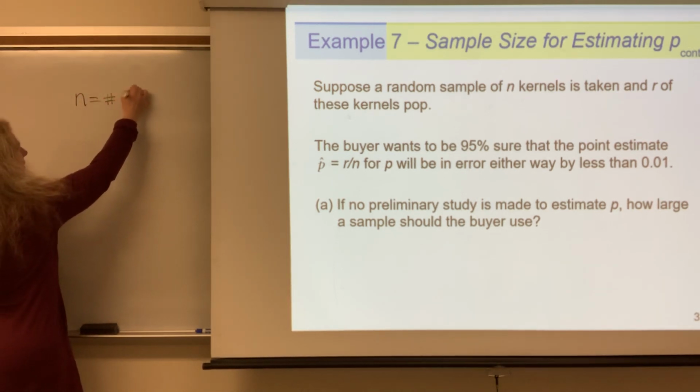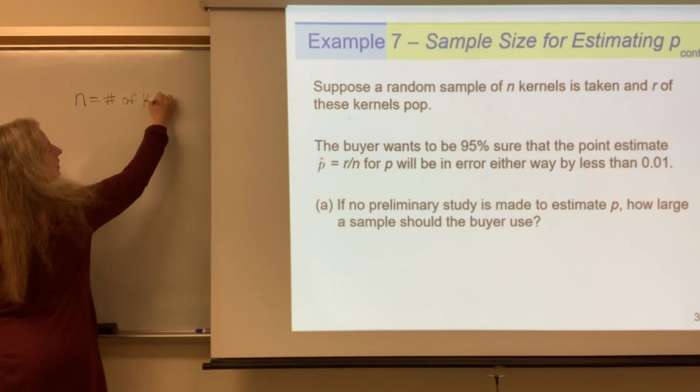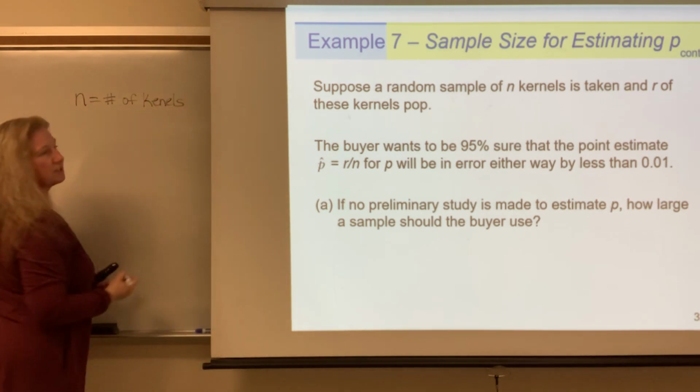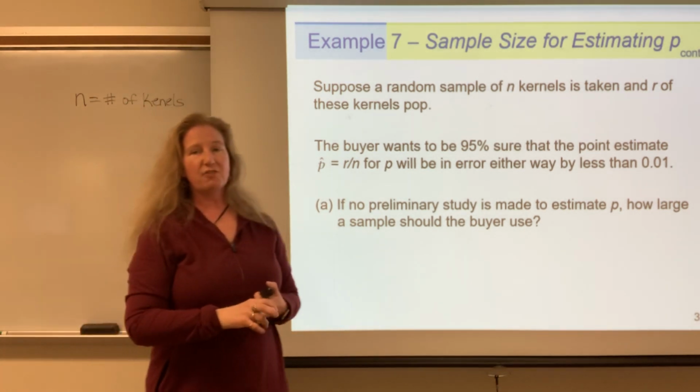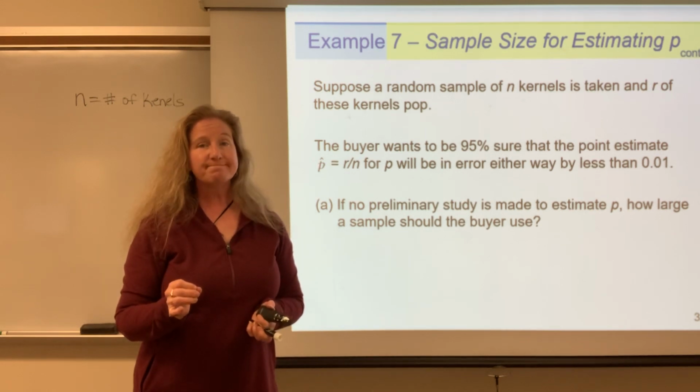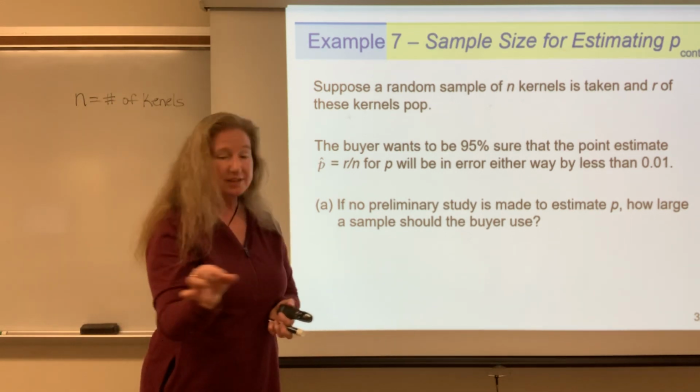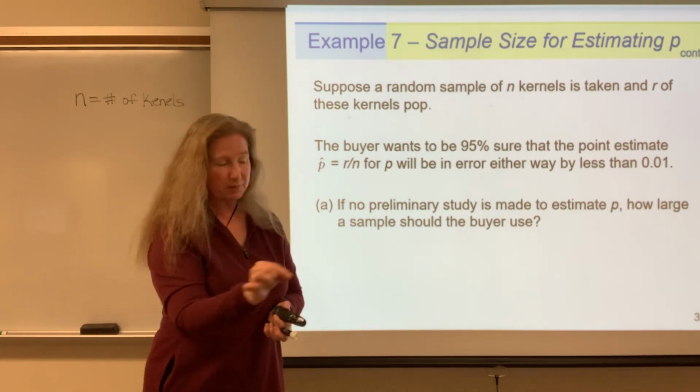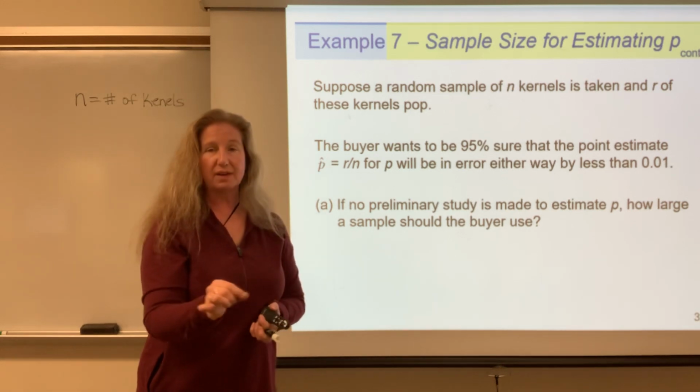Now, just a little side note. If I was counting popcorn kernels, I wouldn't go 1, 2, 3. I'd have to have my tweezers out. No, I wouldn't count them that way.